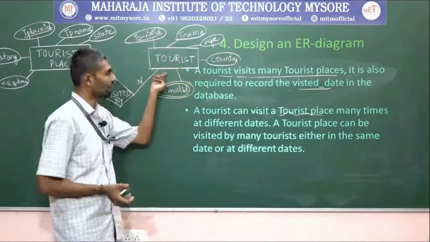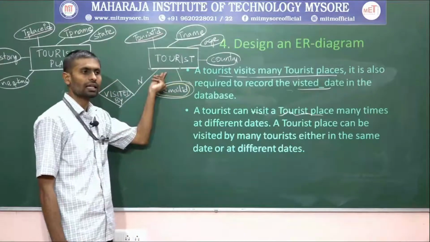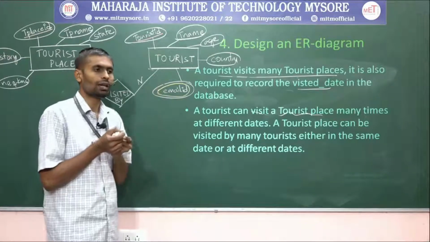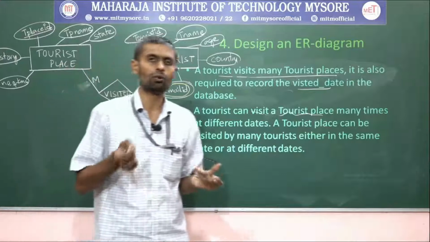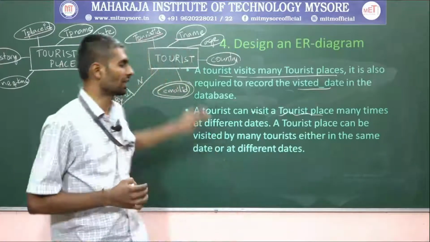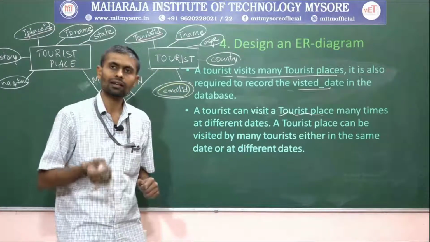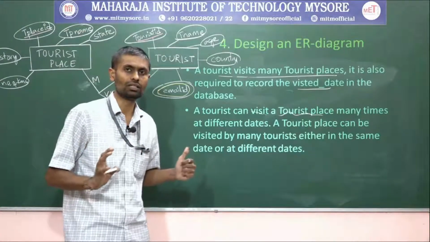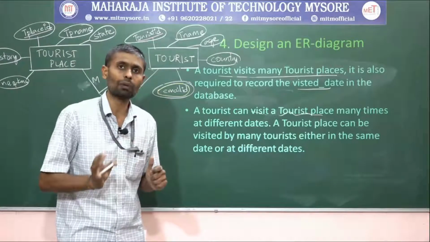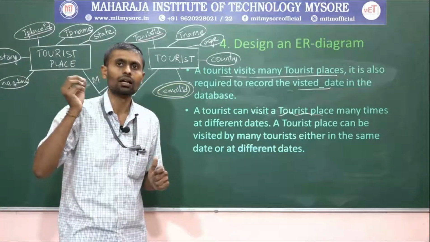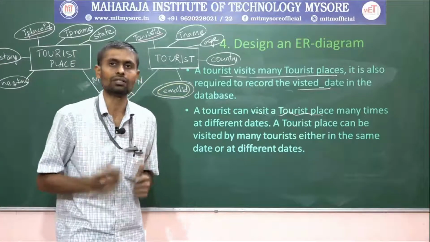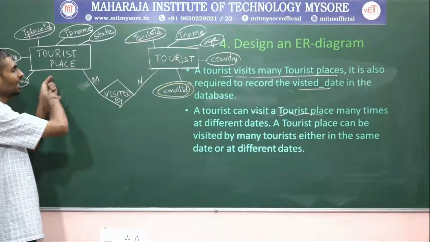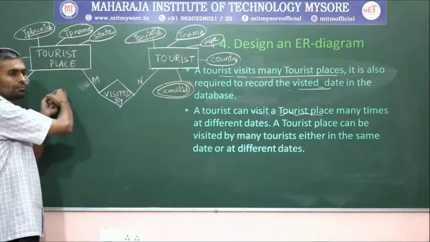Suppose I record it at the tourist end. Then a tourist entry will be made only once in the table. Once it becomes an attribute of the table, if a tourist visits any tourist place, it doesn't permit entering one more set of visit details into the same table. So can I try adding the visited date in the tourist place?